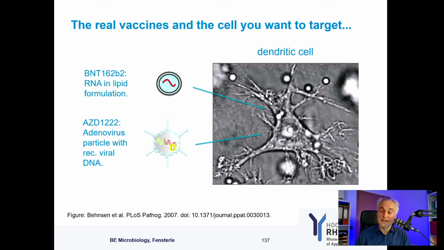It's a DNA virus. We have seen that at the beginning. It's also transporting the DNA encoding for the surface protein. So this DNA then gets into the cell, is transcribed into the RNA and produces the surface protein. The difference is only that you have a viral particle around carrying that.